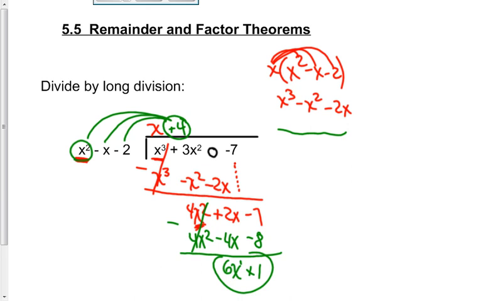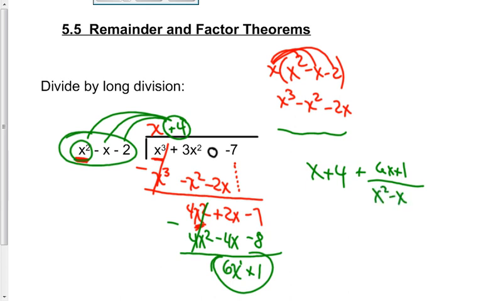What we've got as our answer then is the stuff that's up on the top, x plus 4, and then we've got this entire remainder, 6x plus 1. But remember, remainders have to look like a fraction. So it's 6x plus 1 over the entire divisor that's written out here, x squared minus x minus 2. And this entire thing will be our solution.